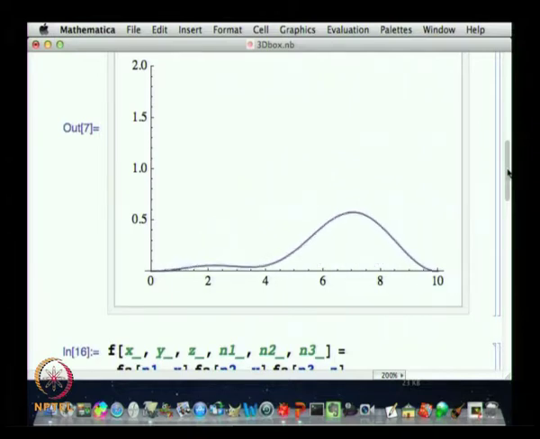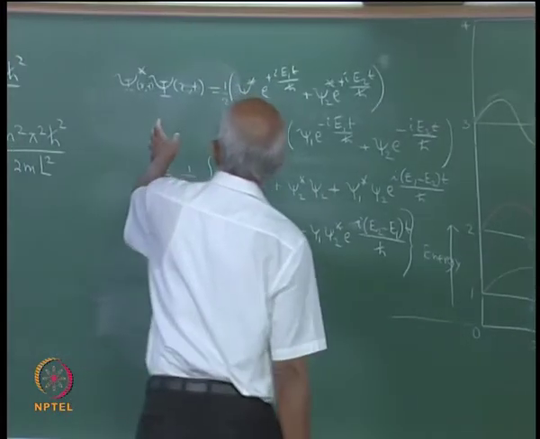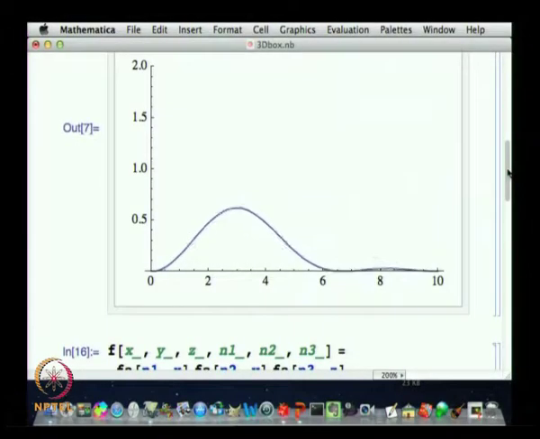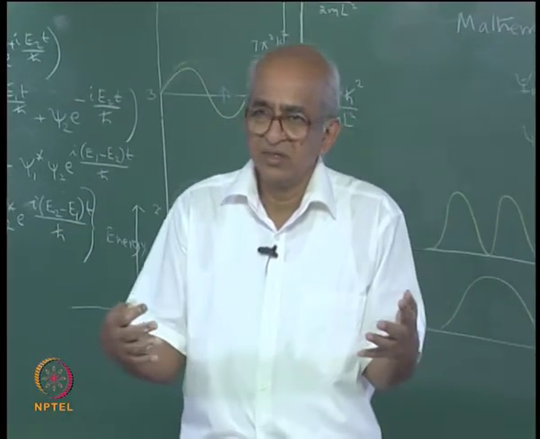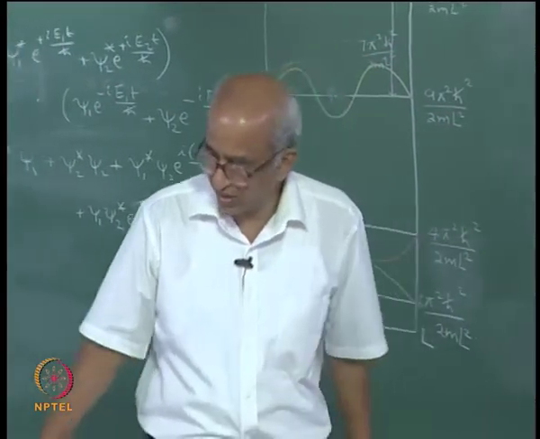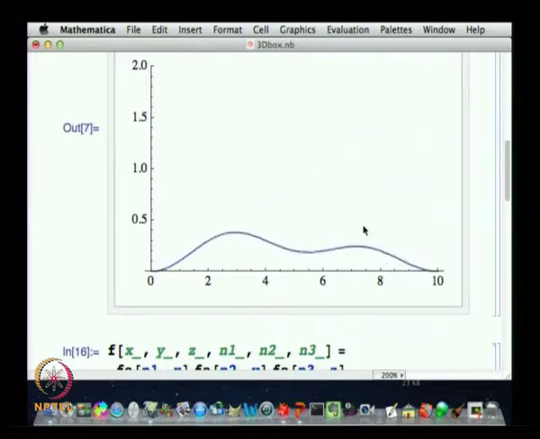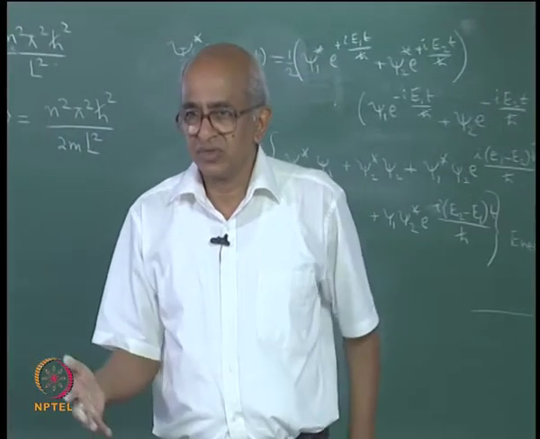What has been done is that this function psi star psi is plotted against x, but as time passes, the shape of this psi star psi goes on changing. And if you look at the figure, you would realize that I had actually started with the particle on the left hand side, but then it goes to the right hand side, and then what does it do? It comes back. So, it is as if the particle is actually oscillating back and forth.